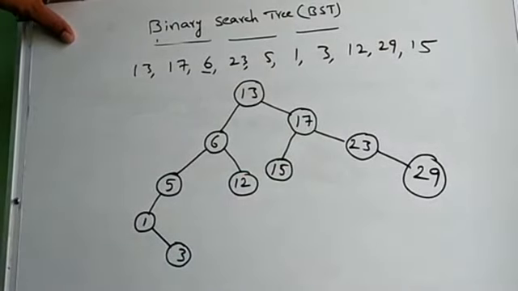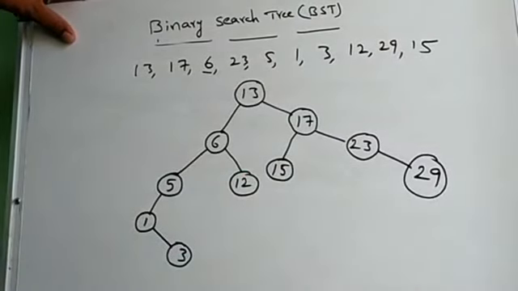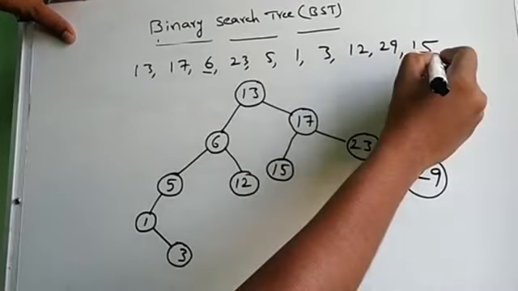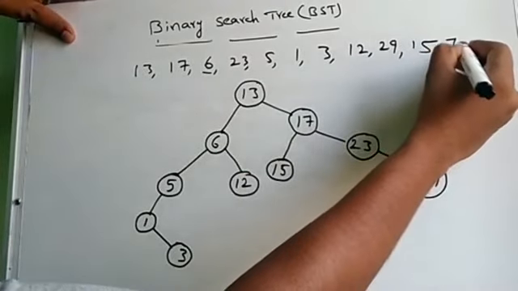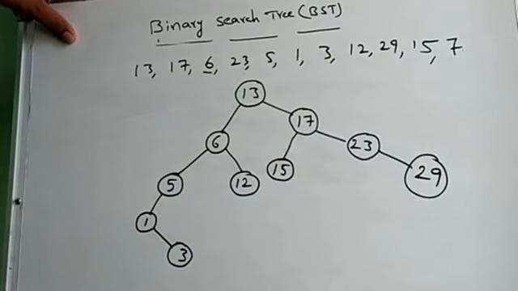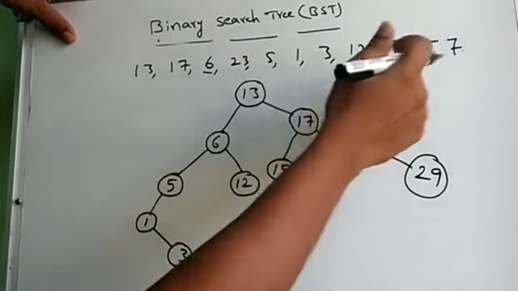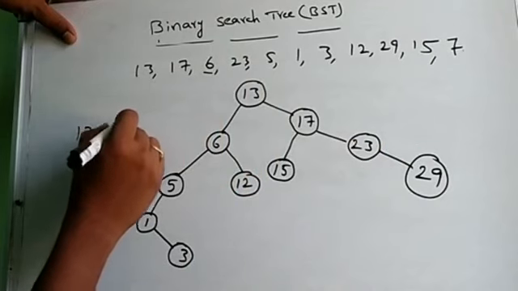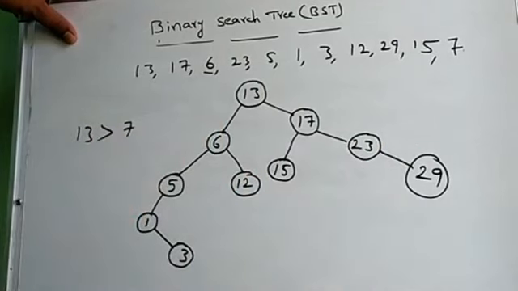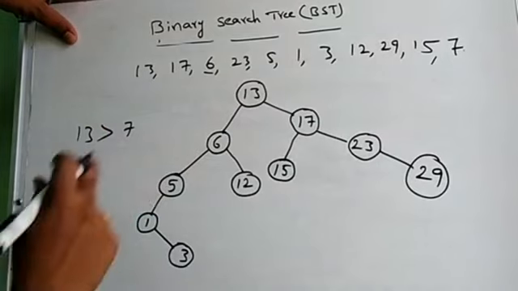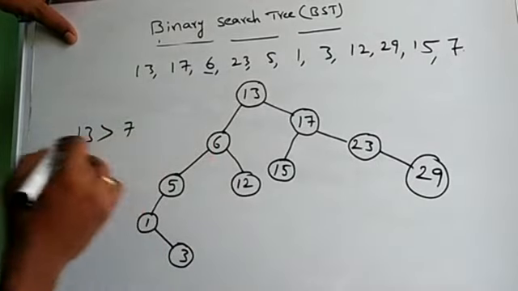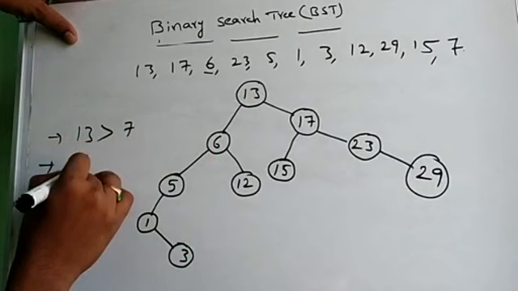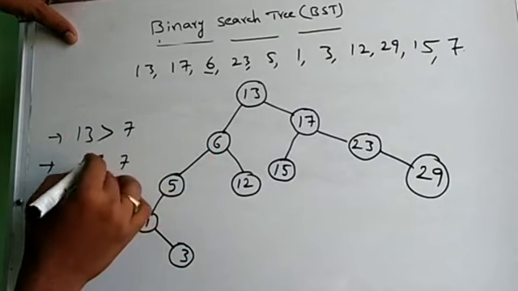Take one more example. Which element do we take? Suppose we take one more element, 7. Again compare 13 and 7. 13 is the greater value, so 7 goes to the left-hand side. Next element is 6 and 7.